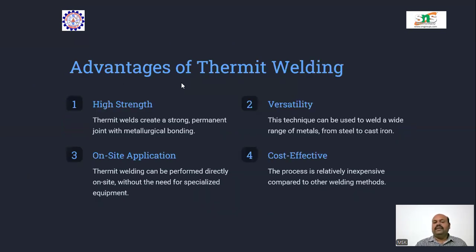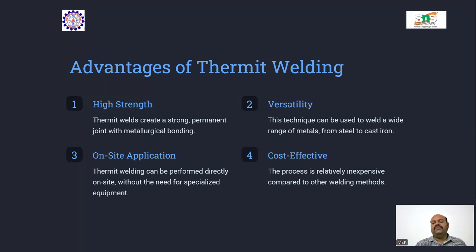So these are the advantages of thermit welding. It is a high strength joint. We can expect a strong permanent joint with metallurgical bonding, and it is versatile. Wherever we need to go from steel to cast iron, we can use this process. It is also an on-site application. We cannot construct all these railroads in our workshops or machine shops.